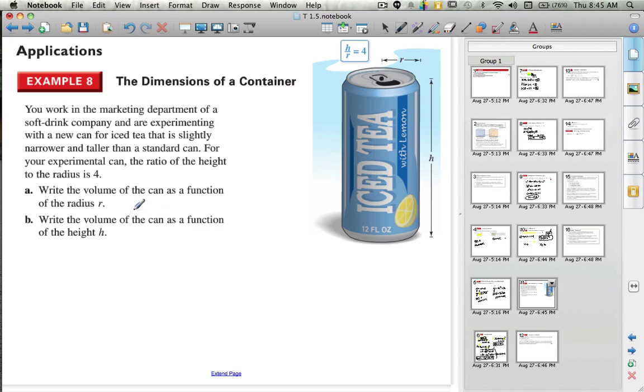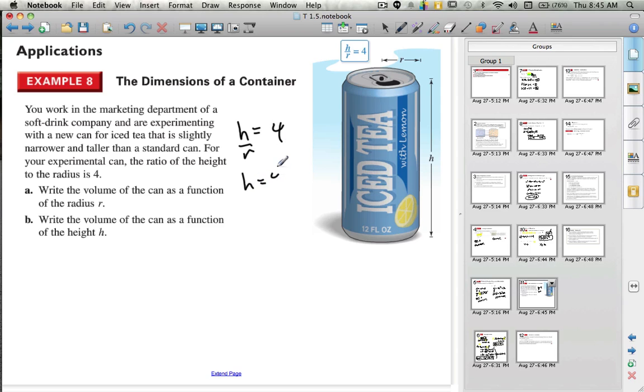If I want to write the volume of the can as a function of the radius r, okay, that means where I have height, I'm going to need to replace it. So here's my ratio. h over r is equal to 4. So if I want to find the value of h, I multiply both sides of the equation by r.